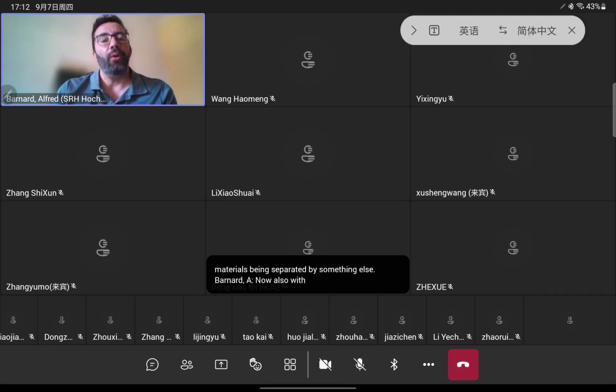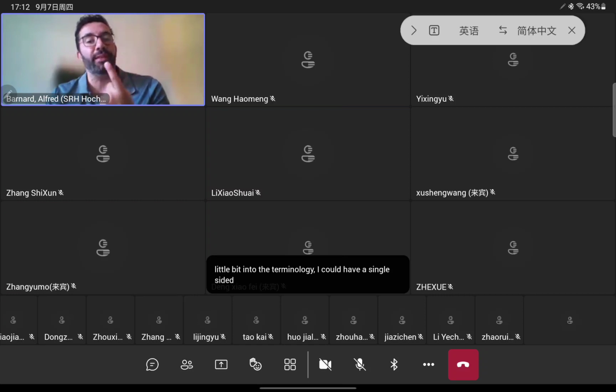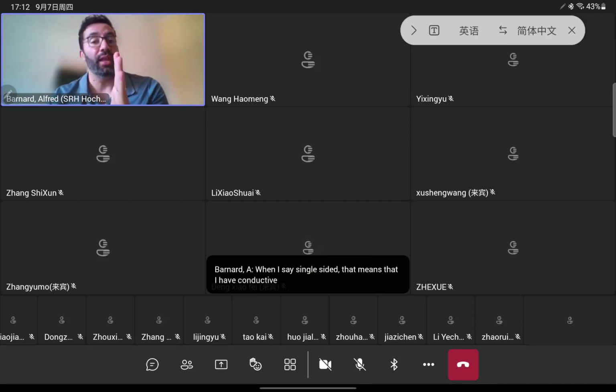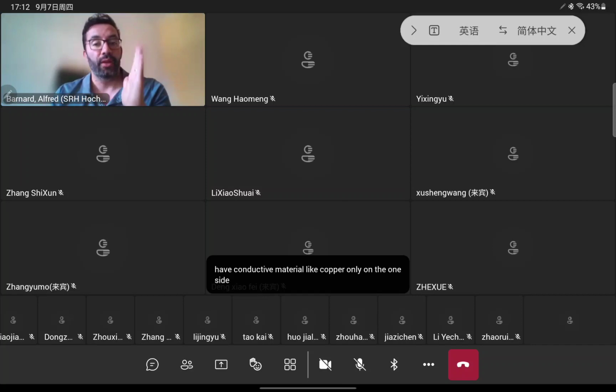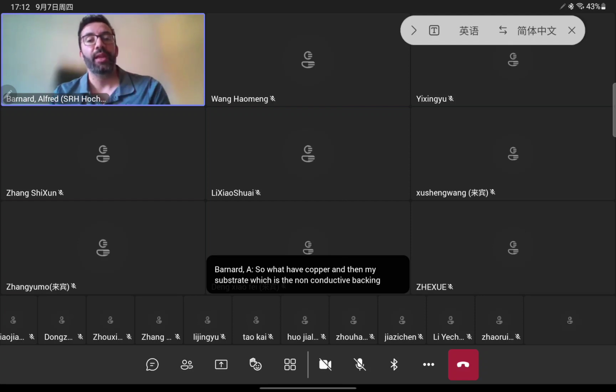Now also with PCBs, just diving a little bit into the terminology, I could have a single-sided PCB. When I say single-sided, that means that I have conductive material like copper only on the one side. So I would have copper and then my substrate, which is the non-conductive backing material.